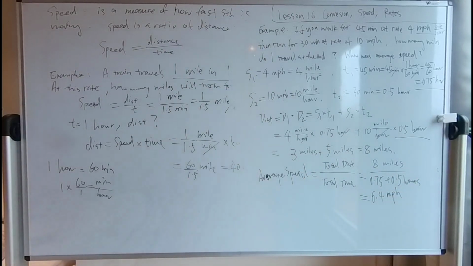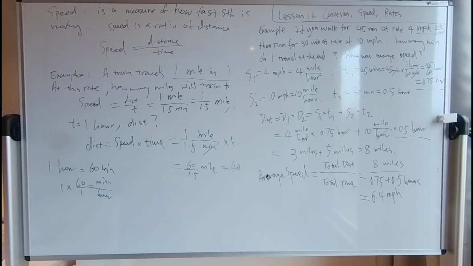And that is your average speed. So that is 6.4 miles per hour. Okay, next question.